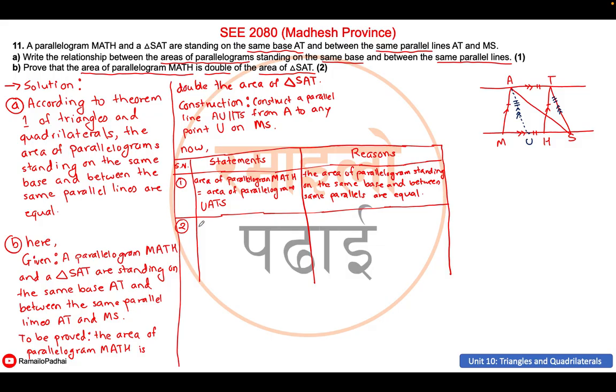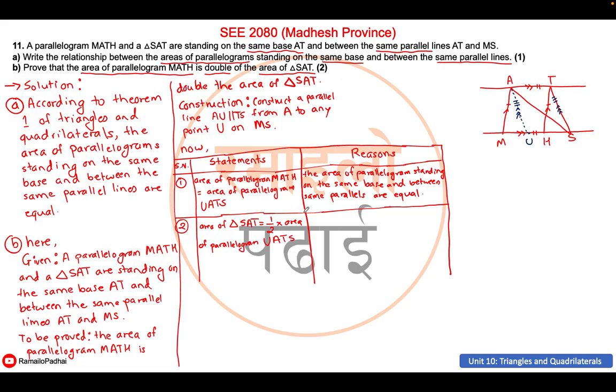So area of triangle SAT is equal to half multiplied by area of parallelogram UATS.